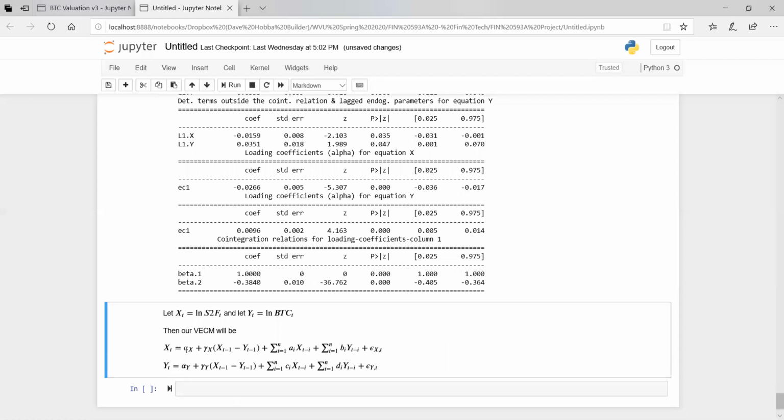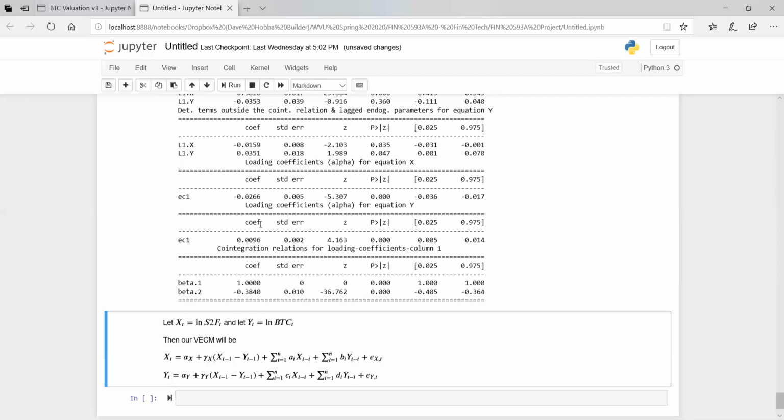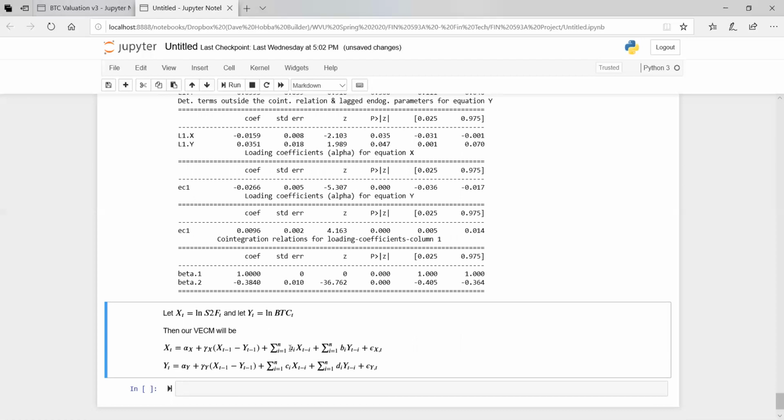So it would be the constant plus our error correction: yesterday's log stock-to-flow minus yesterday's log Bitcoin plus some coefficient. Here we have it: for X, loading coefficients alpha for X1, negative 0.0151, multiplied by the difference between these two, plus some estimate multiplied by yesterday's log stock-to-flow ratio, plus some coefficient multiplied by yesterday's log of Bitcoin. Then you have your error.